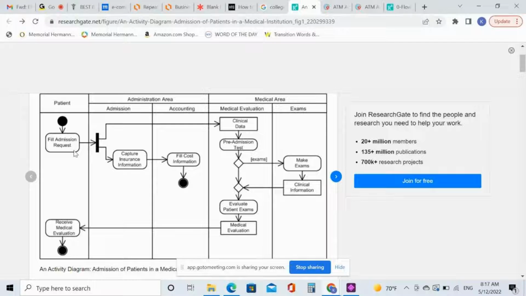First, when you enter the hospital, that first room, the reception. In reception, he has to fill in this form, and there they'll ask whether he has insurance or not.